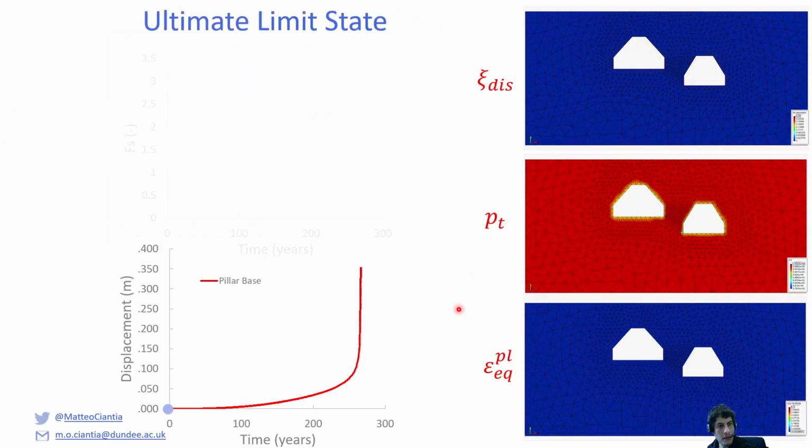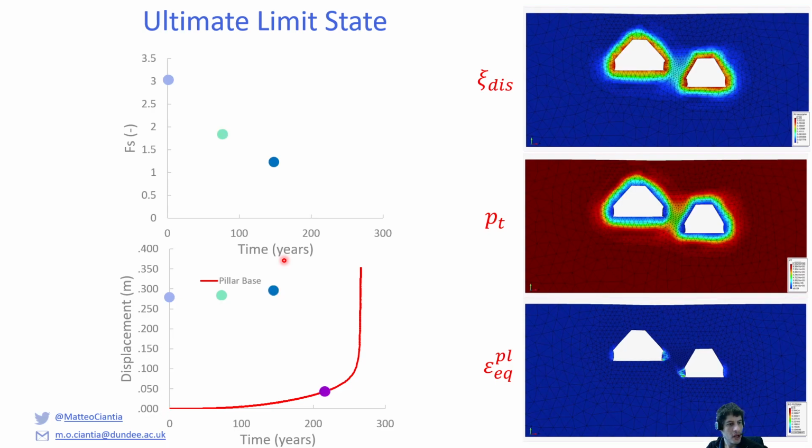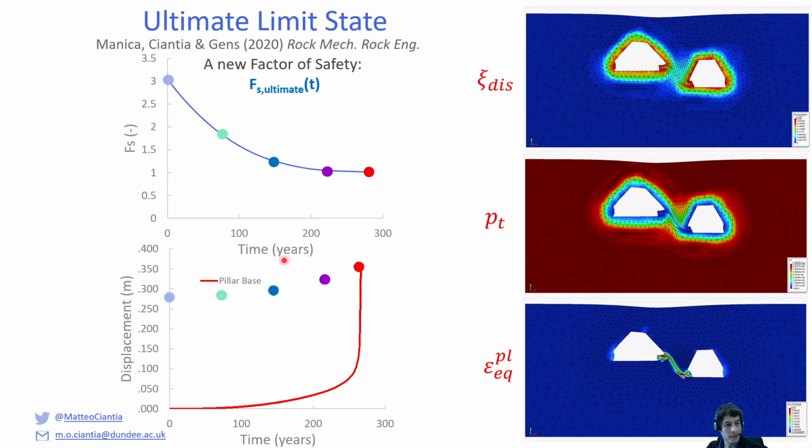Now, at the ultimate limit state, we could then define a factor of safety at different time intervals. So at the beginning, we do a strength reduction and we can get the factor of safety. We can repeat this exercise at different levels of weathering states, so at different times, and get the different factors of safety. If we continue this process for various times, we can end up with a factor of safety dependent on time at the ultimate state.